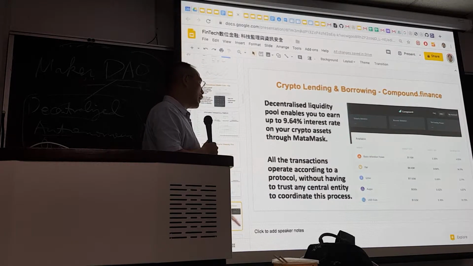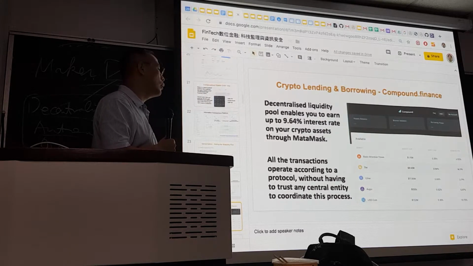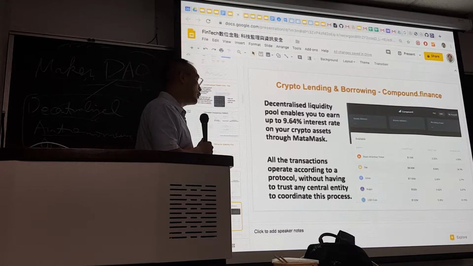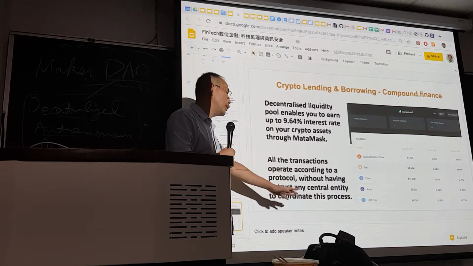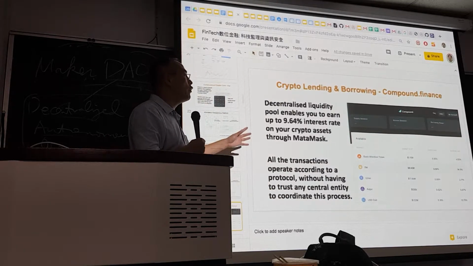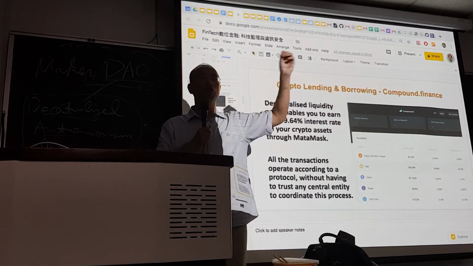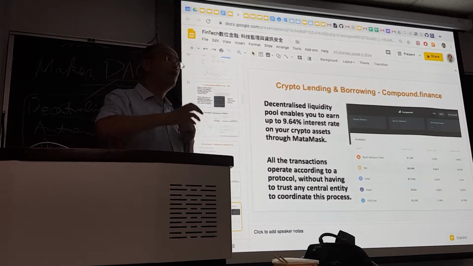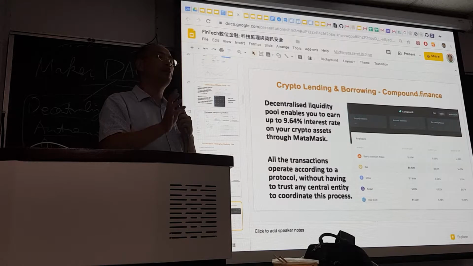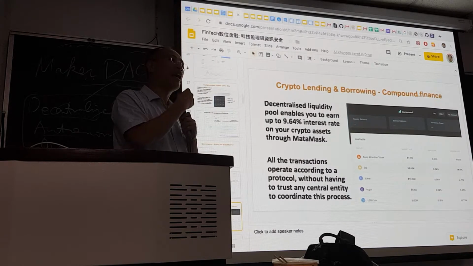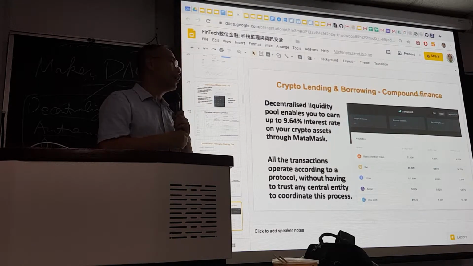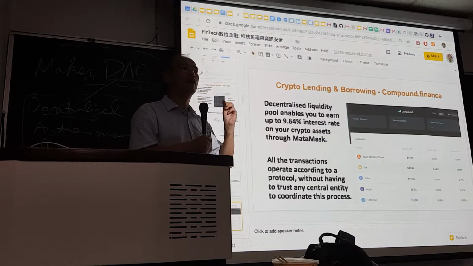All the transactions operate according to a protocol without having to trust any central entity to coordinate this process. Of course, if you go to Compound Finance and put your money in, even when no one has borrowed your money, they start paying interest to you already, about 10%.